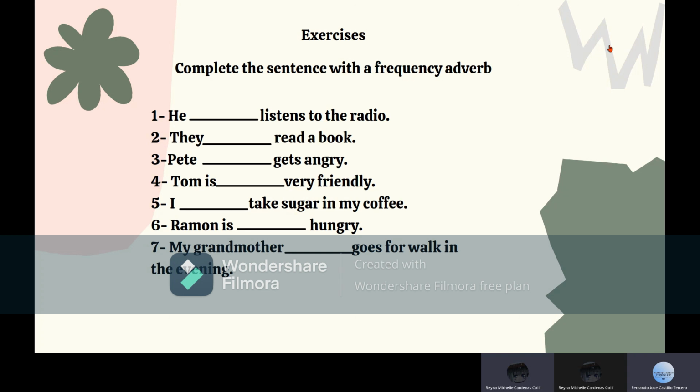I have an example that we can say: he always plays the guitar. And about this example, you can complete the rest of the sentences.